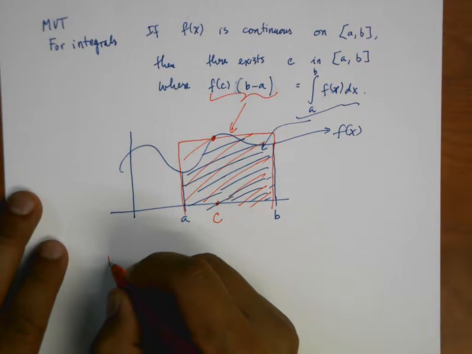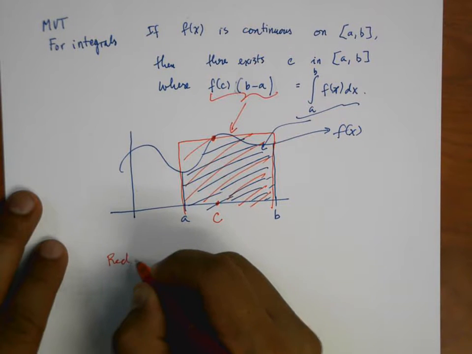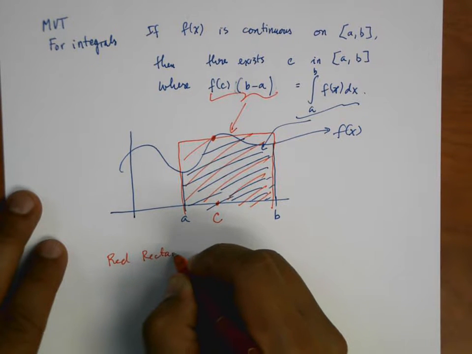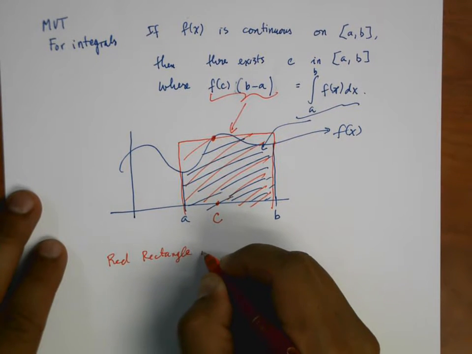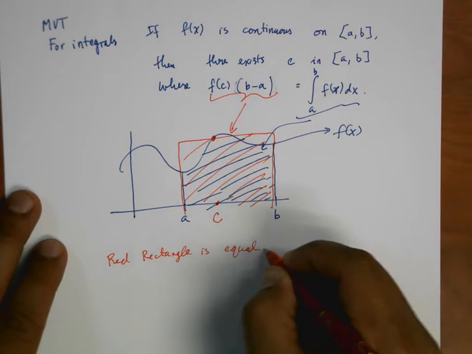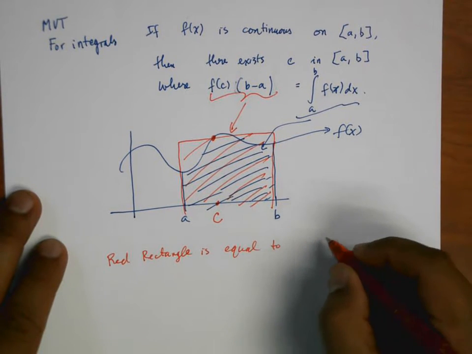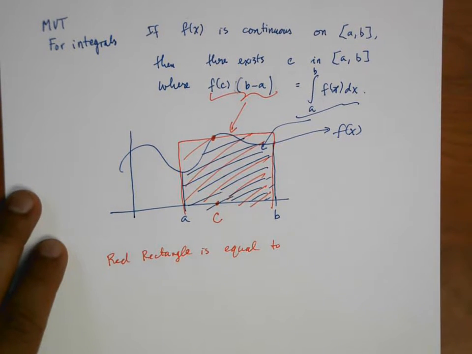So this basically says that the red rectangle is equal to the blue region.